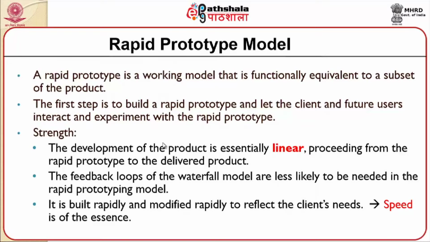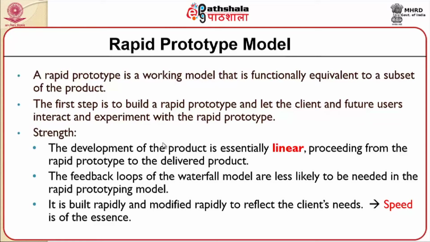So to look in more detail at the rapid prototyping model, a rapid prototype is a working model that is functionally equivalent to a subset of the product. The first step is to build a rapid prototype and let the client and future users interact and experiment with it. The major strengths of this rapid prototyping model include that the development of a product is essentially linear, proceeding from the rapid prototype to the delivered product.